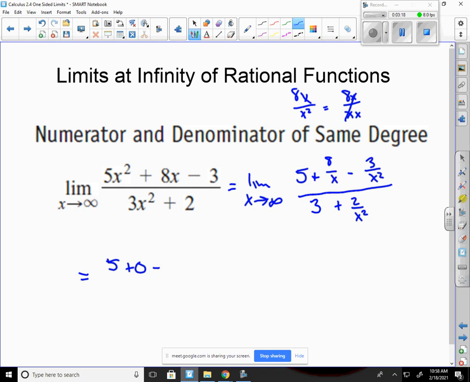So that would be minus 0 over, and now I just have 3, and then 2 over x squared converges to 0, so that would be plus 0. 5 plus 0 minus 0, it's just 5 over 3. That's my limit if they have the same degree for the numerator and denominator. I said numerator and operator, I meant denominator.